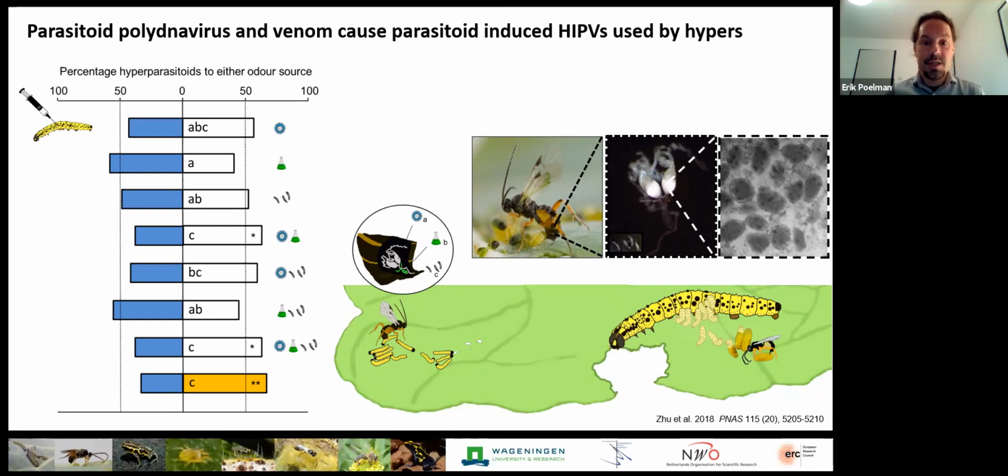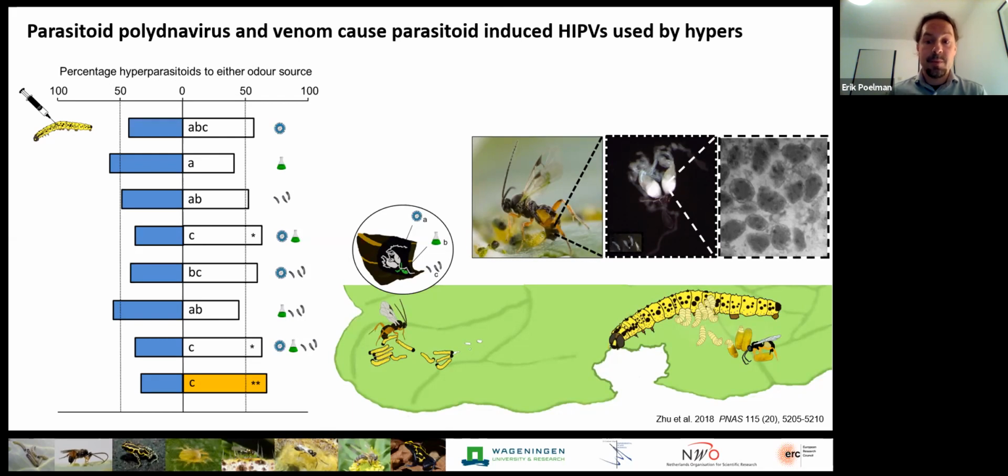And what you can see here in this work is that we compared volatiles induced by caterpillars feeding on plants, where the caterpillars were injected with a PBS fluid, a mock fluid, just to mimic the injection technique, or with a PBS fluid containing either virus, venom, eggs, or a combination of those.